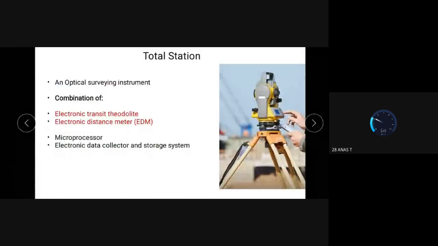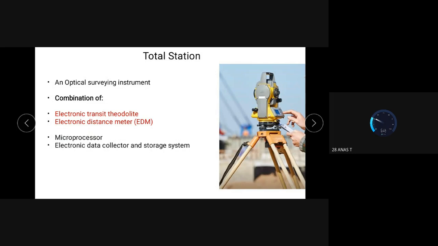So as I already told, it is a combination of electronic transit theodolite and electronic distance meter. So it is actually an optical surveying instrument. So by viewing through the instrument, we are actually surveying. And one of the things is that it is having a microprocessor and electronic data collector and the storage system is there.